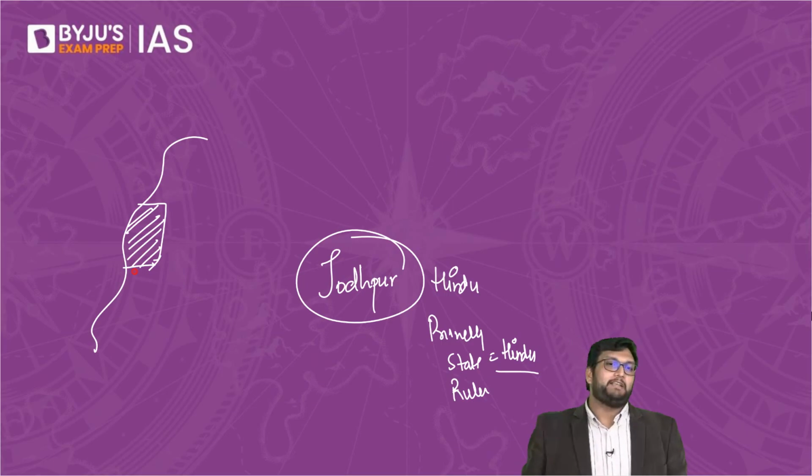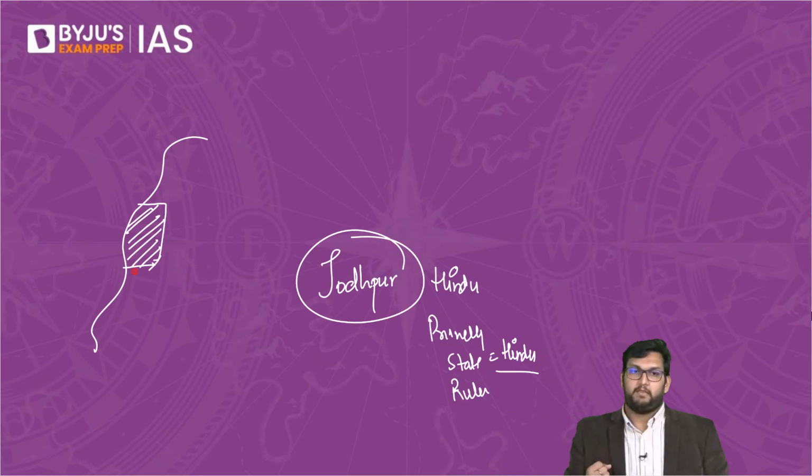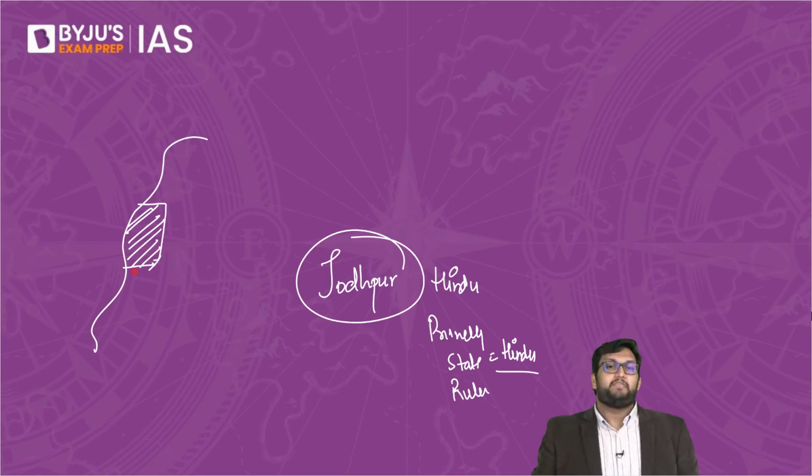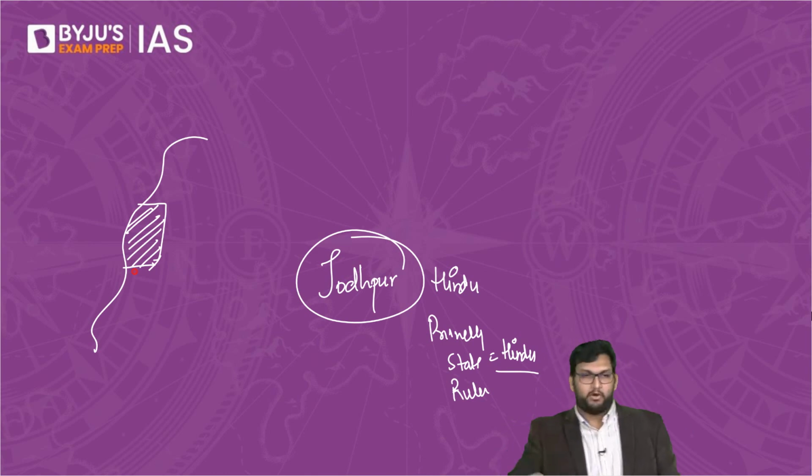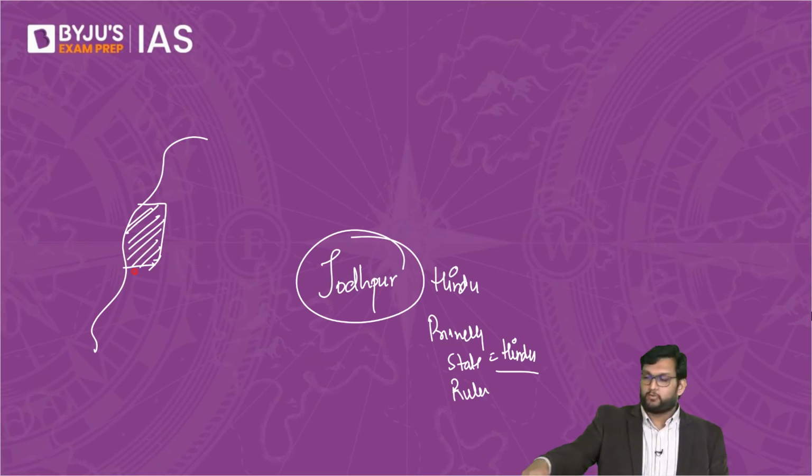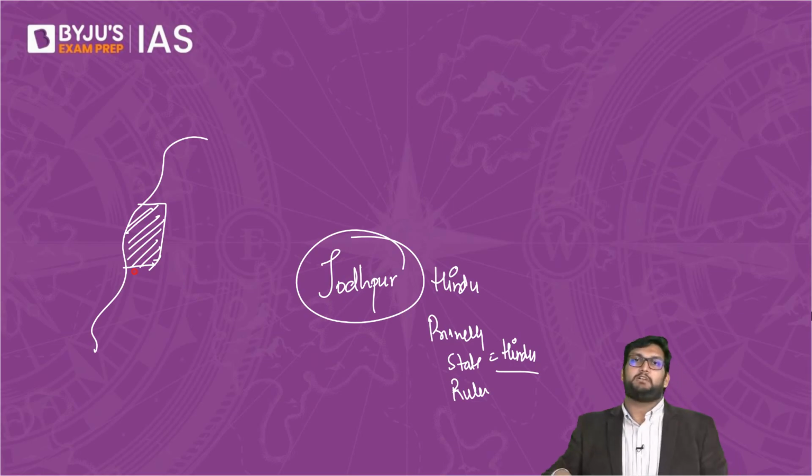Now what I tell you out of this episode is that accession of these states was a very intricate and very difficult task. Very, very difficult task. And here is Menon, who is technically ready to put his life in front of this ruler who has lost his mind in order to accede Jodhpur into India.